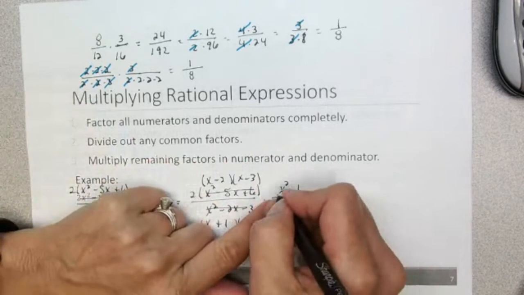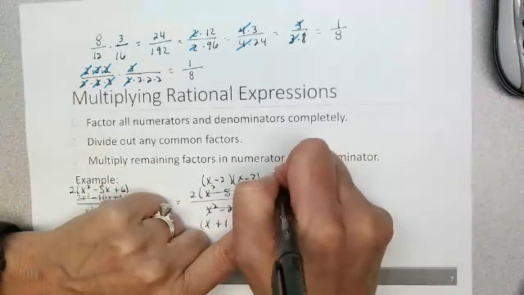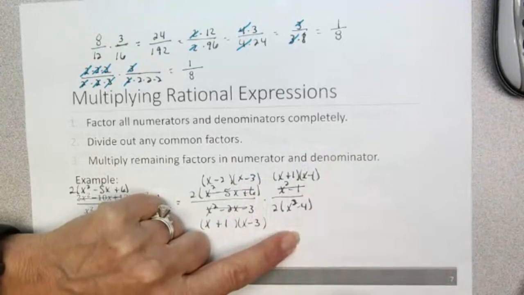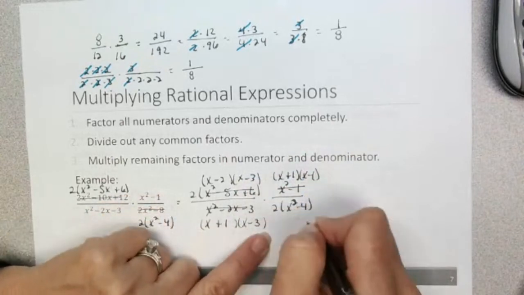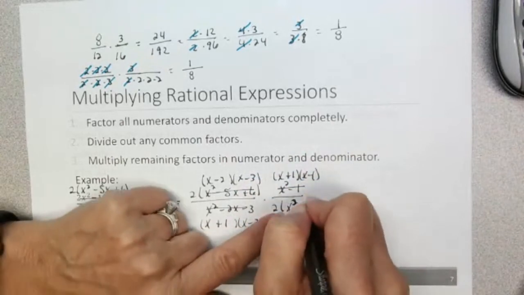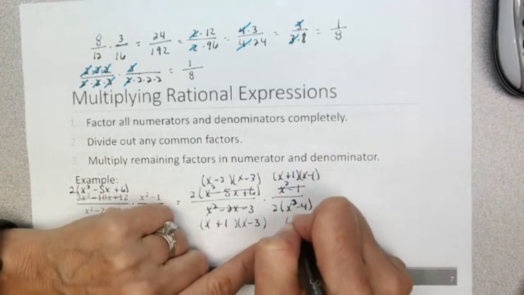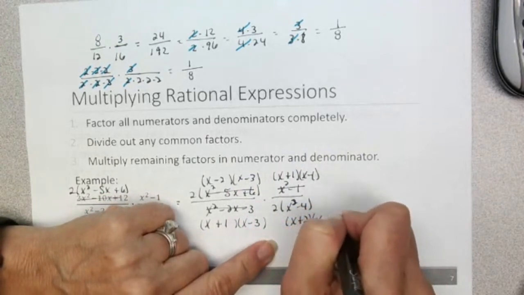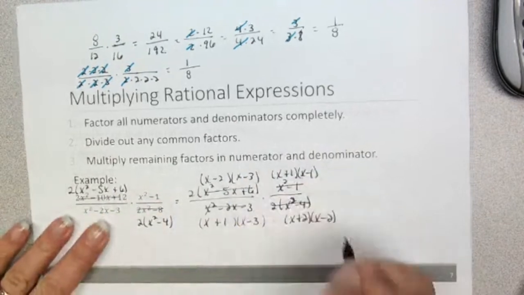Okay, x squared minus 1 is a difference of squares, so that'll factor into x plus 1 times x minus 1. The 2 is not going to factor, but x squared minus 4 is another difference of squares, so that'll factor into x plus 2 times x minus 2.